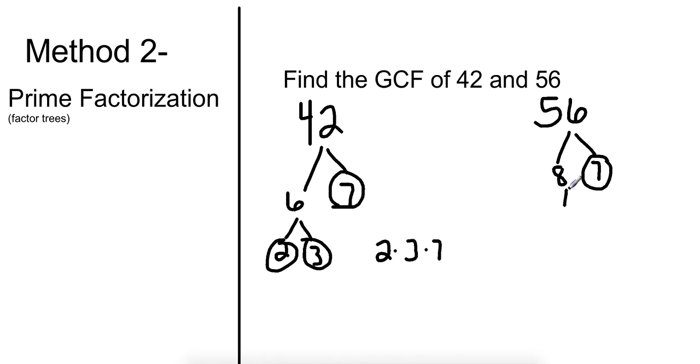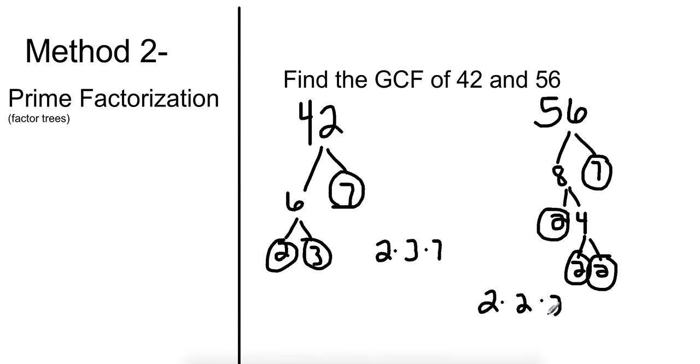Break down 8 into 2 and 4. 2 is prime, so I circle it. 4 gets broken down into 2 and 2. And I circle those. So now this prime factorization in expanded form is 2 times 2 times 2 times 7.